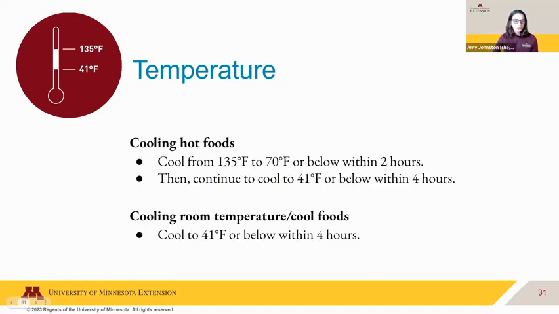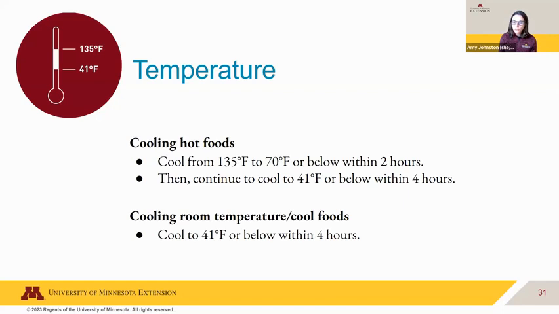So safely cooling foods is an important step in minimizing the risk of foodborne illness. As we discussed in January, pathogens like Clostridium perfringens can grow very easily in contaminated, improperly cooled foods. So cool hot foods from 135 degrees Fahrenheit or above down to 70 degrees within 2 hours, and then continue to cool to 41 degrees Fahrenheit or below within the next 4 hours, or as quickly as possible.